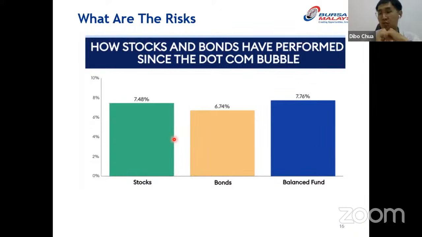Bond, it's a different story, okay? Bond, it's a very good year, up to 6.7. You know why? Because during the dot-com bubble, we had a lot of interest rate cuts as well. Just to give you a simple idea, whenever our Bank Negara Malaysia, our central bank in an economy, declares that the interest rate is lower, your bond should perform better, because this is just how finance works.